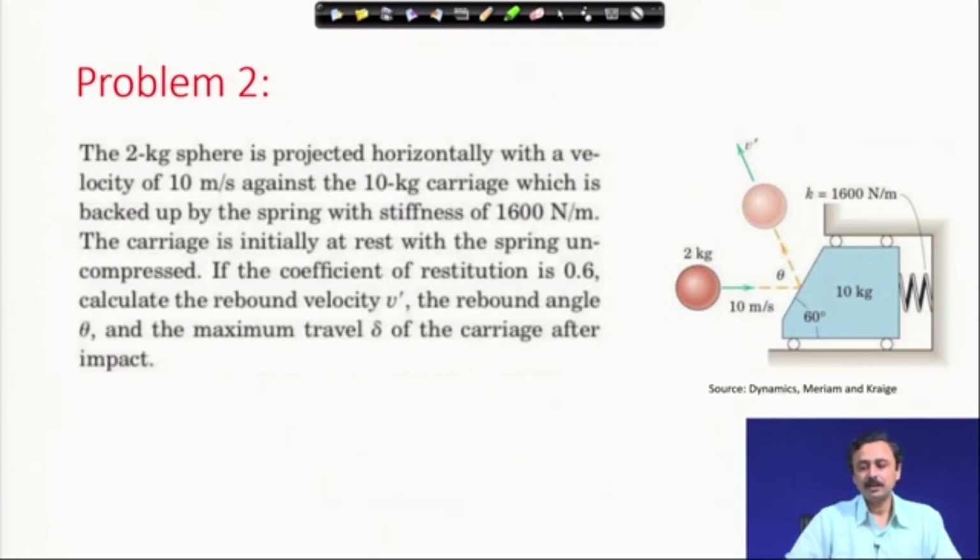Now, here one of the particles, which is this 10 kilogram carriage, is connected to a spring. Therefore, this particle has some potential interaction, but then you remember that the impact process is such a short time duration process within which that spring will hardly contribute to change in momentum.